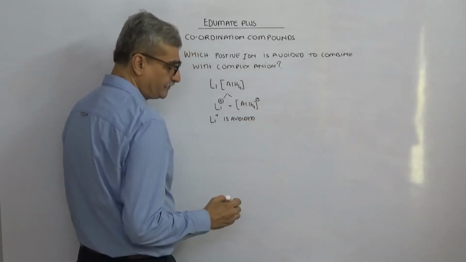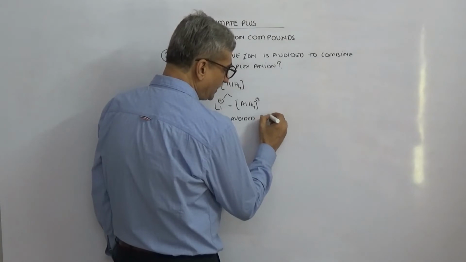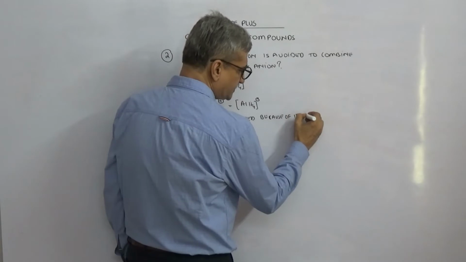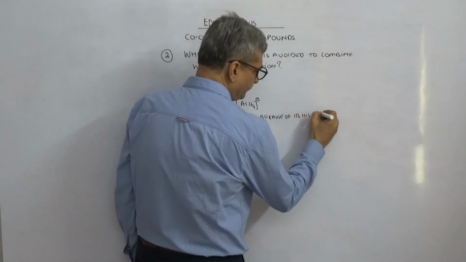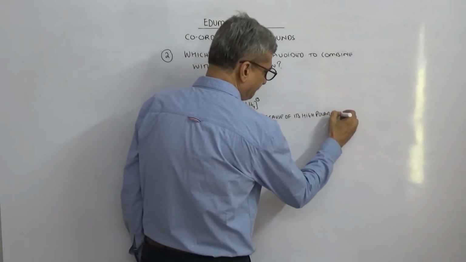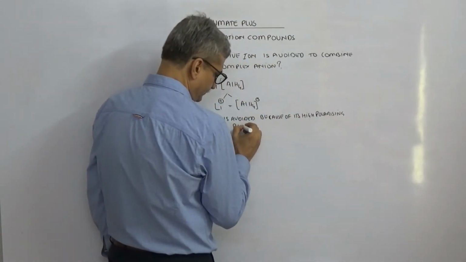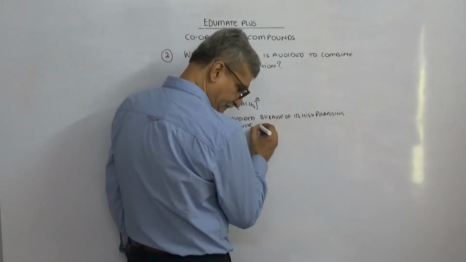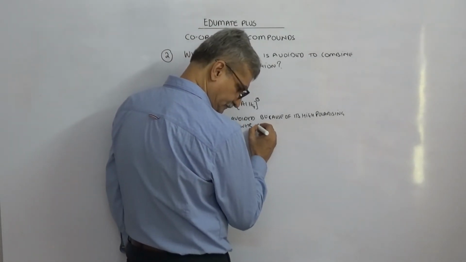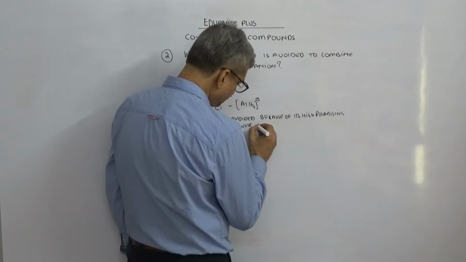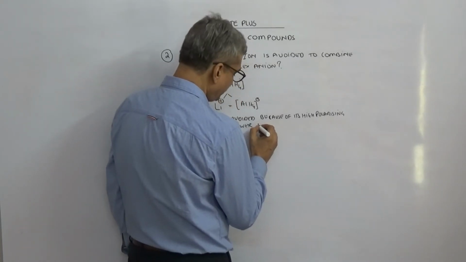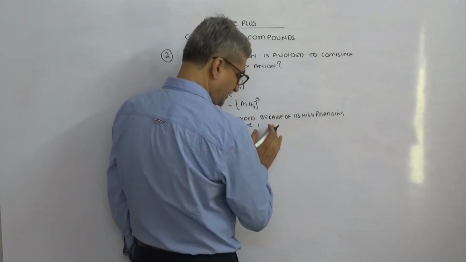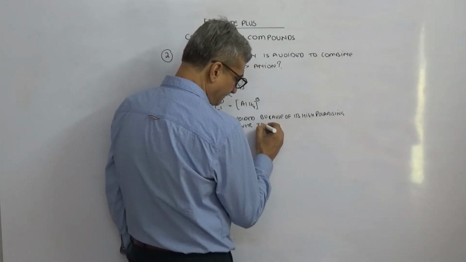Why is it avoided? Because of its high polarizing power towards the anion.